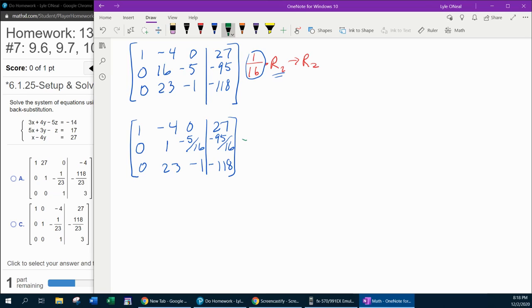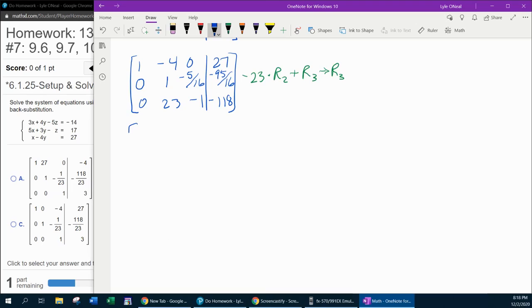We're going to multiply negative 23 times row 2 and add it to row 3, and that'll produce a new row 3. And that is the only row operation that I'm going to do this time. So again, notice this time row 3 is going to change. So rows 1 and 2 we can copy and paste.